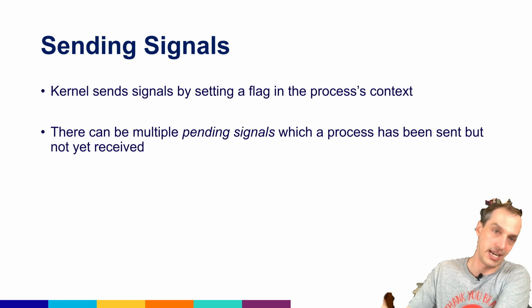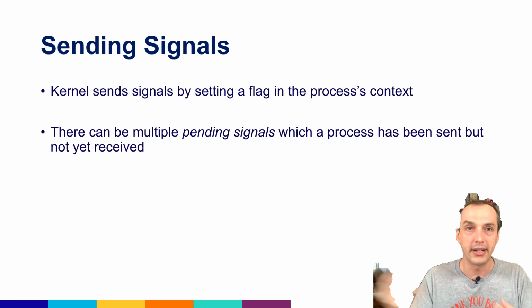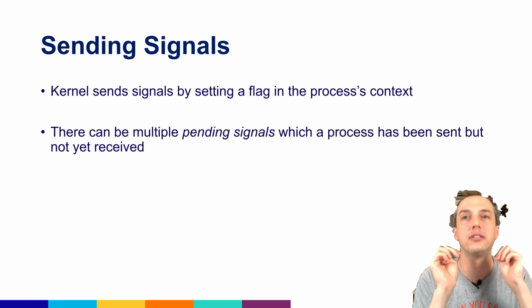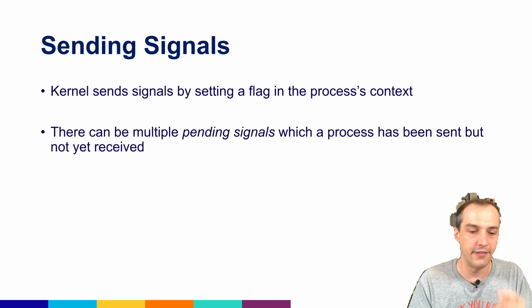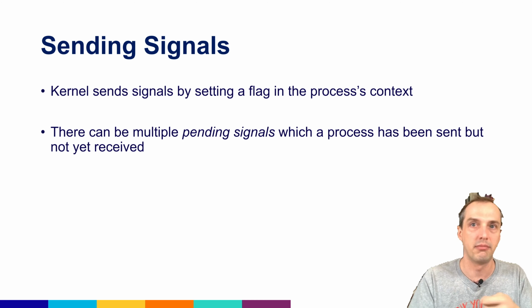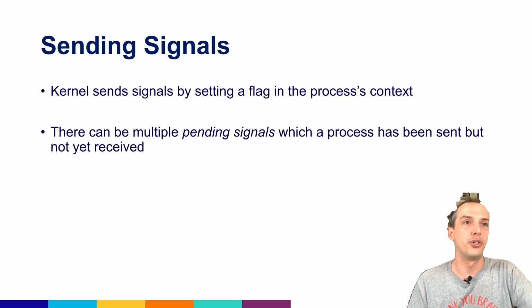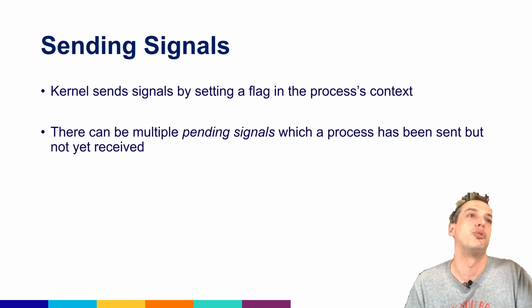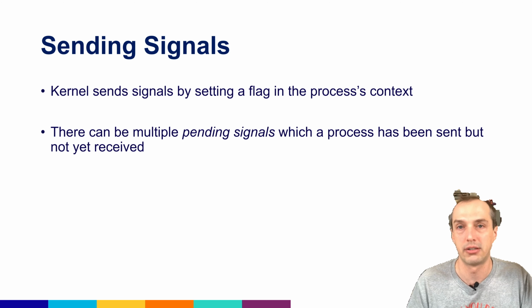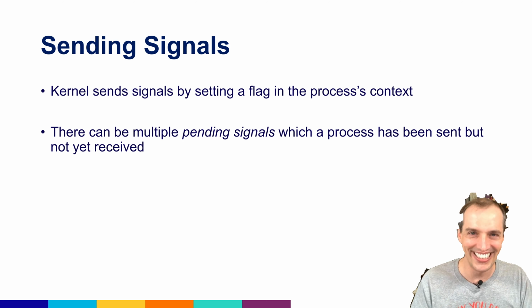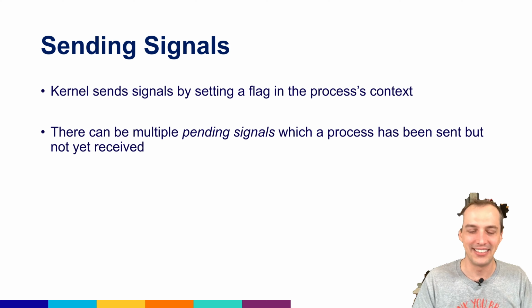The mail carrier doesn't teleport to your mailbox. The mail carrier only comes around and takes a look at it whenever it actually handles your running process. And if the mail carrier is in the process of sorting the mail outside of your house, they're not going to immediately stop sorting that mail to look at your sweet red flag that you've just put up. So let's think about this mail carrier analogy, because I do think it maps onto signals pretty well.